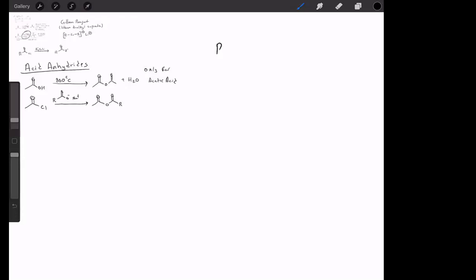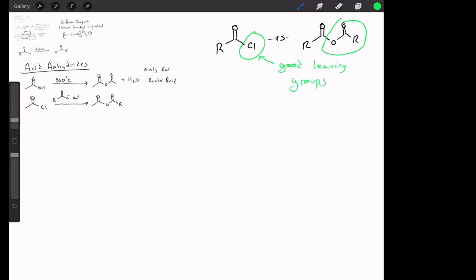So let's compare though. These two things are both good leaving groups. They're similar as far as their ability to be stabilized.